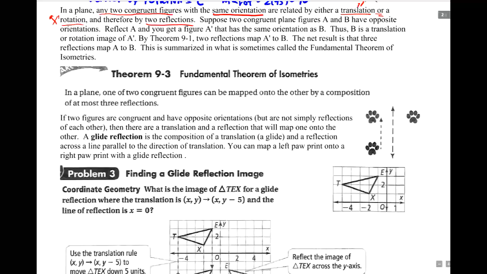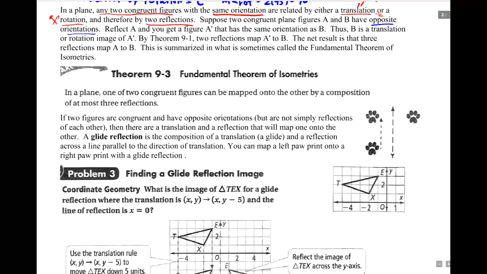Suppose that 2 congruent plane figures have opposite orientations. So now we are looking at opposite orientations. That means that we have done more than just translate it and more than just rotate it. Okay, so we have opposite orientations. If we reflect A to get A prime, that has the same orientation as B. Thus, B is a translation or rotation of image A prime.